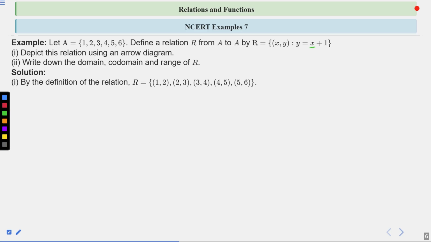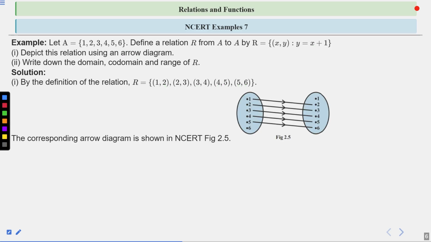Just place 1 in place of x, you will get y as 2. So 1 is related to 2, 2 is related to 3, 3 with 4, 4 with 5, 5 with 6. Clear?